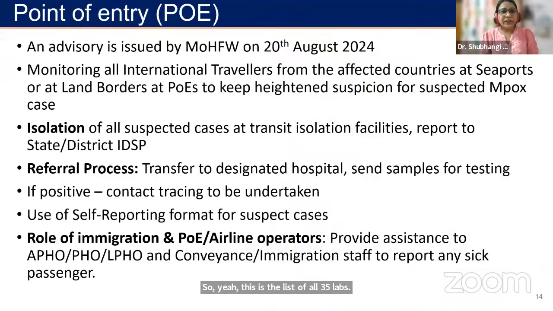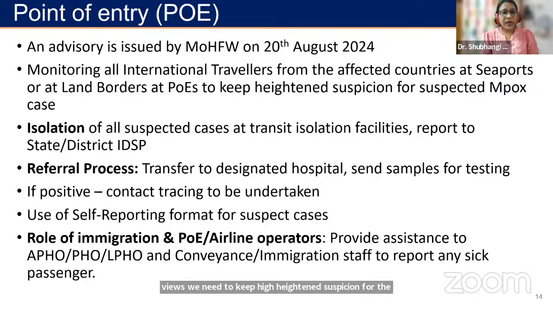At the points of entry, an advisory was issued by MoHFW on 20th August 2024. It mainly talks about monitoring all international travelers from the affected countries at seaports or land borders. We need to keep heightened suspicion for suspected Mpox cases here.